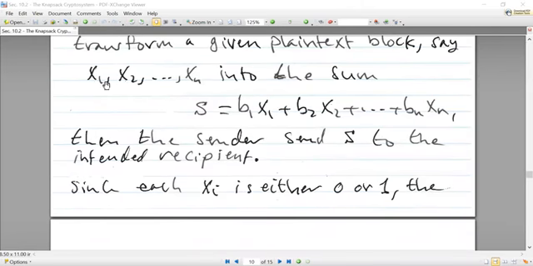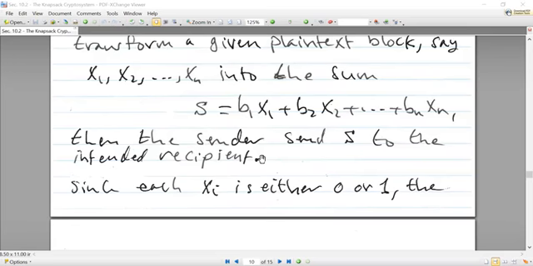So this is going to be zeros and ones, and we form this knapsack problem. Actually, we just multiply B1 by x1, and so on, and then we come up with the sum S. This sum is going to be sent to the person that has A1 up to AN as the secret key.